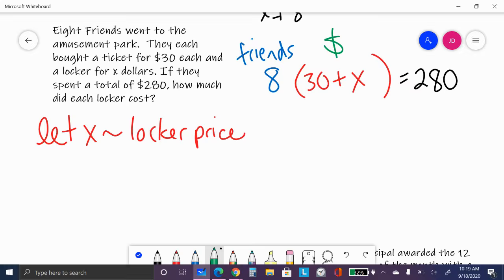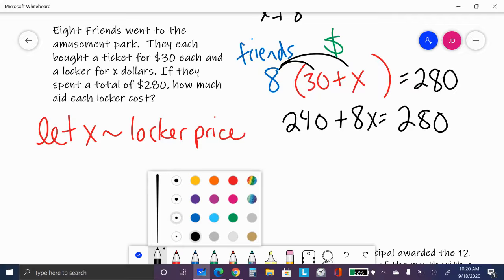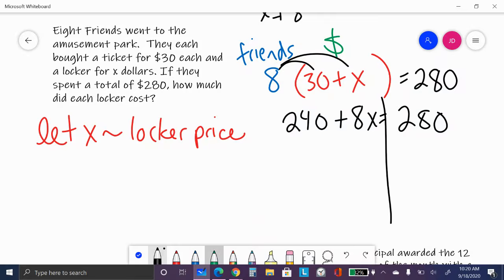All right. And we distribute. 8 times 30 is 240. 8 times x is 8x equals 280. Line down the equal sign. Subtract 240 from both sides.